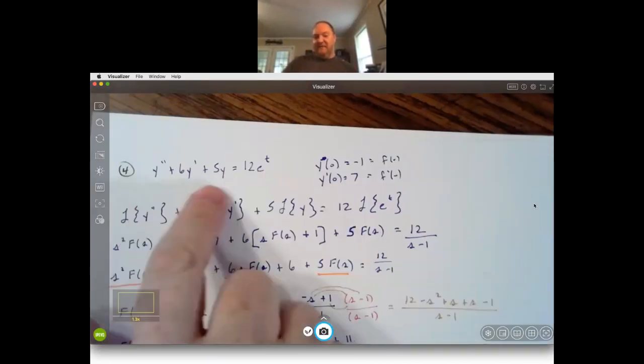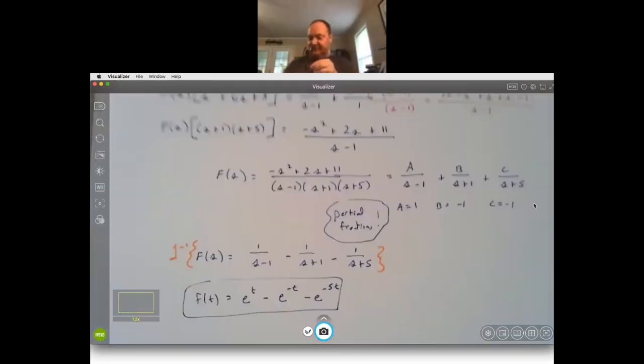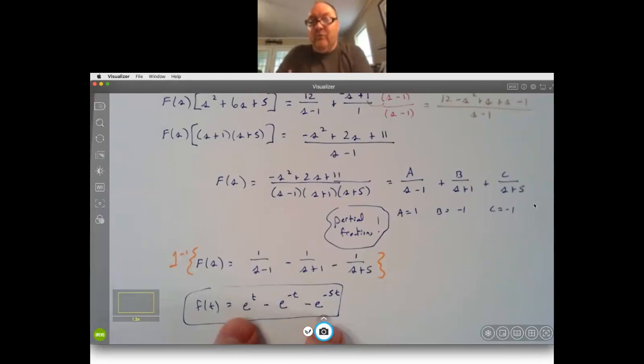It's this piece that would take a little bit of effort and energy to do, but this does it all for me, and it finds the C1 and C2. They both happen to be 1 in this case. But it allows me to do the whole thing in what I think is a relatively easy step.